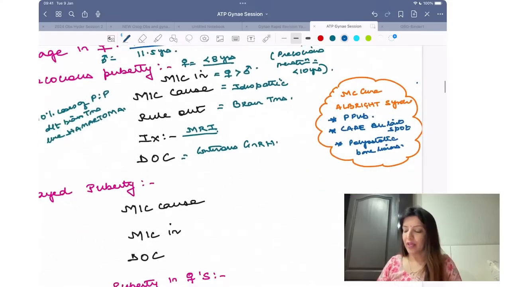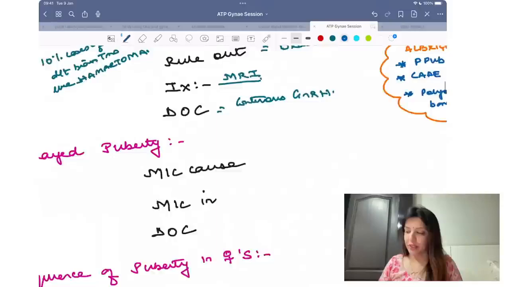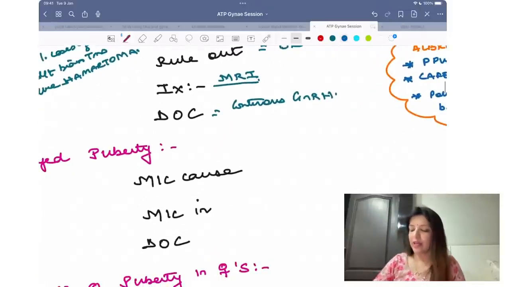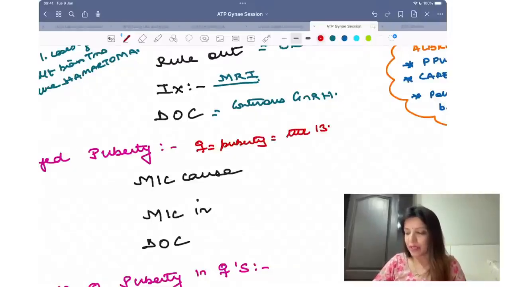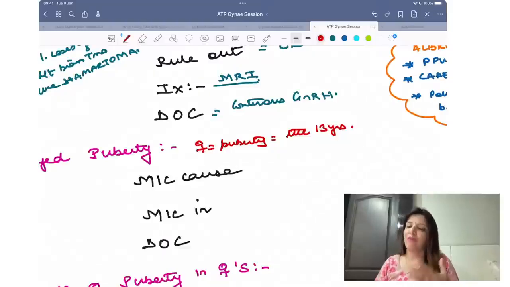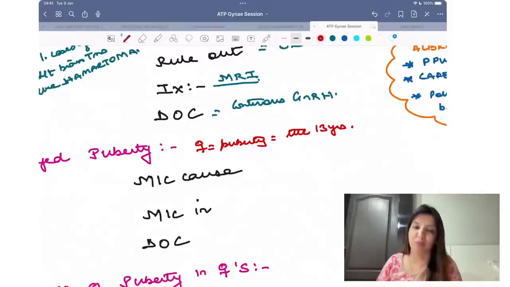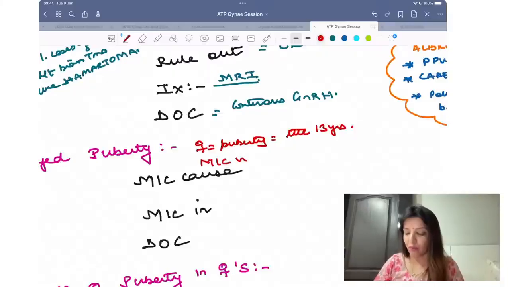Yes? Then, coming to delayed puberty. Delayed puberty, if in females puberty has not happened till 13 years. You call it polyostotic fibrous dysplasia. Perfect, perfect Prachi, perfect Suruchi. What is the most common cause? Please remember, delayed puberty is more common in boys than in girls.